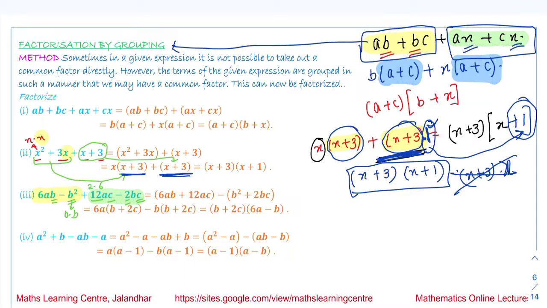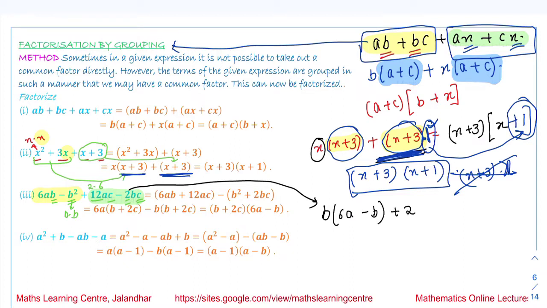From the first two terms we have taken b as common, so what we are left with is 6a minus b plus.